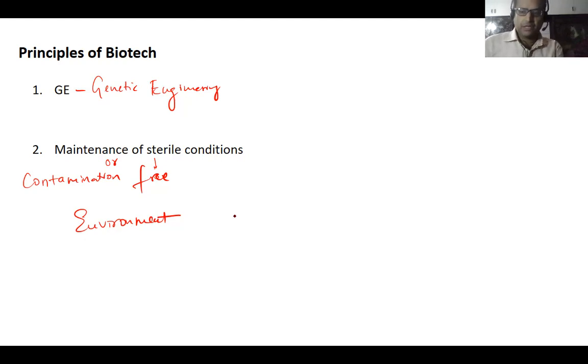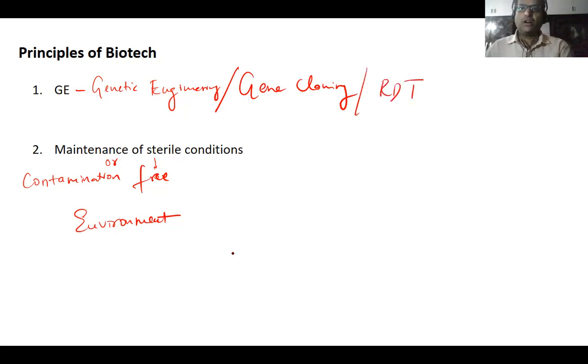We need to understand that genetic engineering can also be used in different terms. We also call it gene cloning. We also call it RDT, meaning recombinant DNA technology. These are the different words that we use.